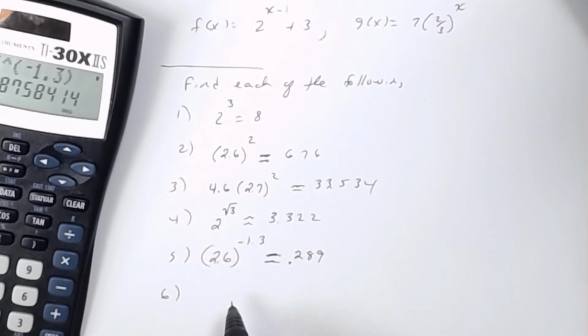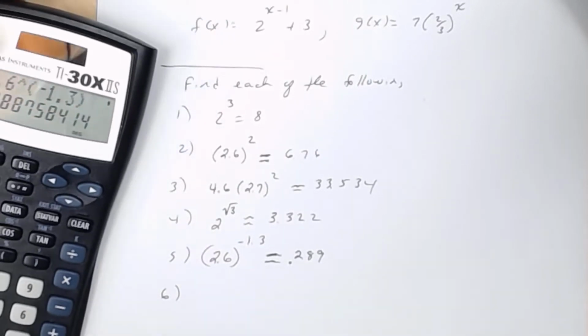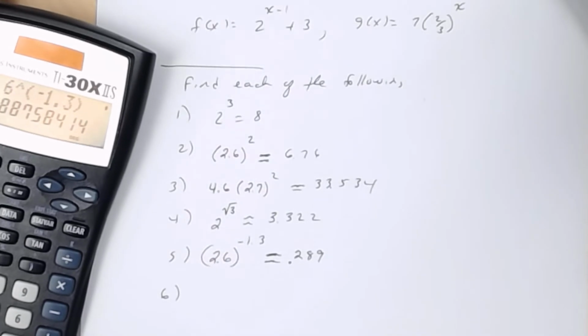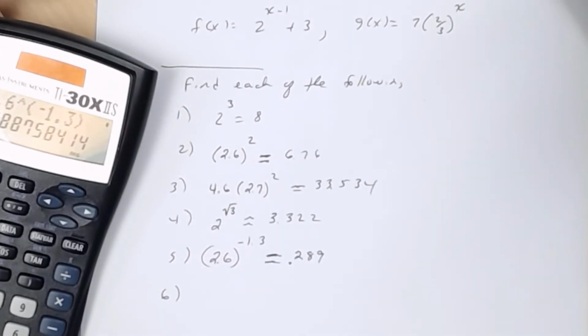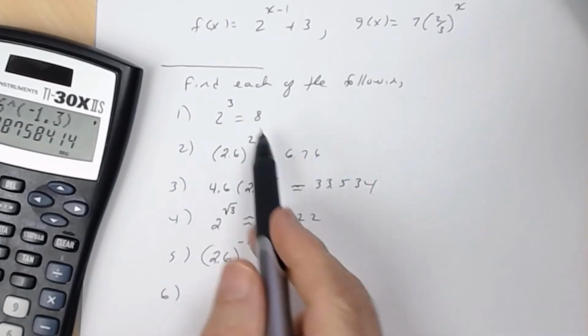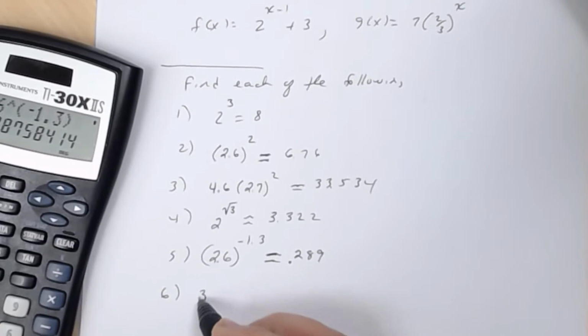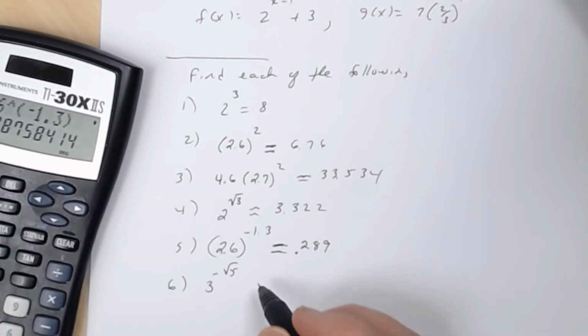All right, number 6. Let's suppose you had, let's see, I'm trying to get one that's similar to my math lab. All right, and then just one more. I think this part's okay so far. So let's say we had 3 to the negative square root of 5. All right, so let's see what that is.